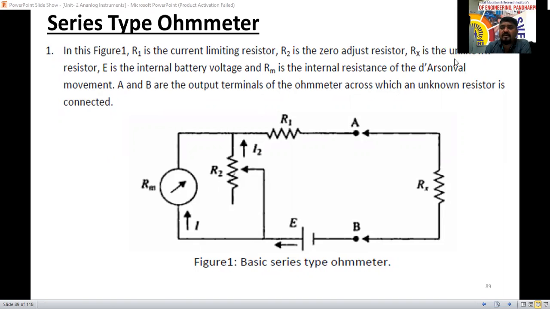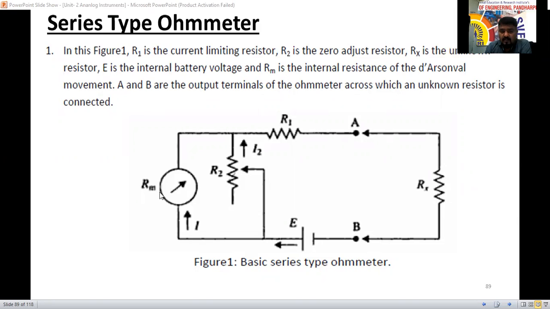Rx is the unknown resistor, and E is the internal battery voltage we are going to use here. Rm is the internal resistance of the D'Arsonval movement, the meter movement. At terminals A and B we have connected the unknown resistance, the terminals of the ohmmeter across which an unknown resistance is connected.